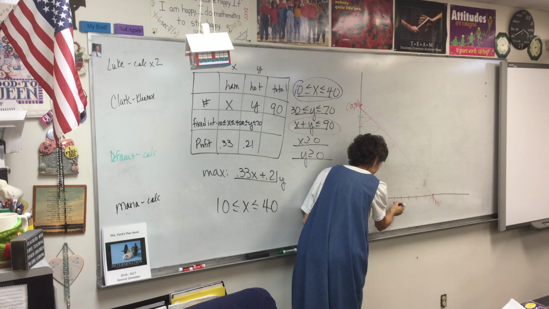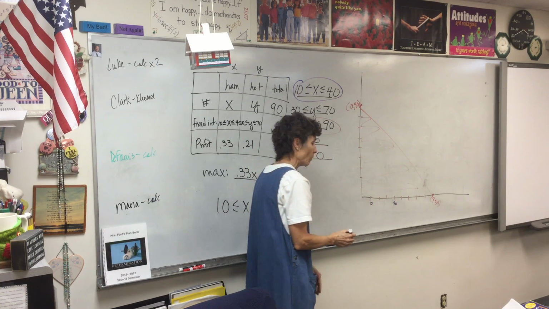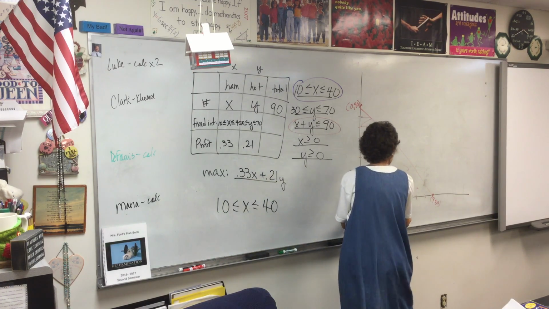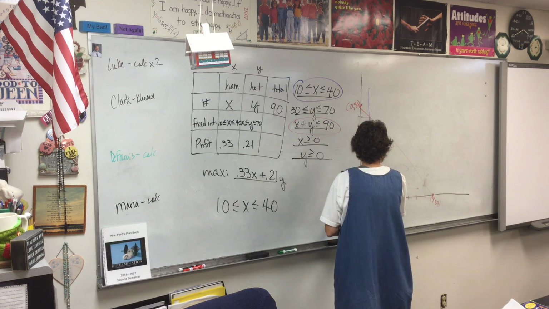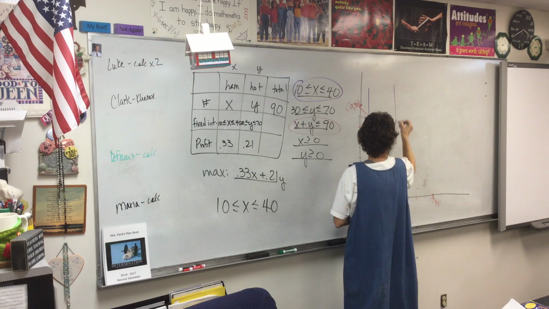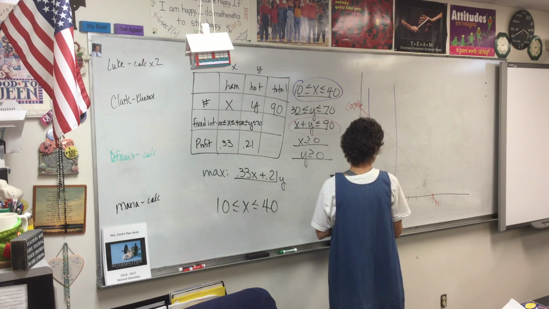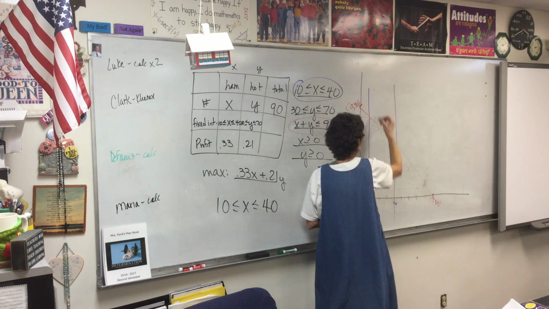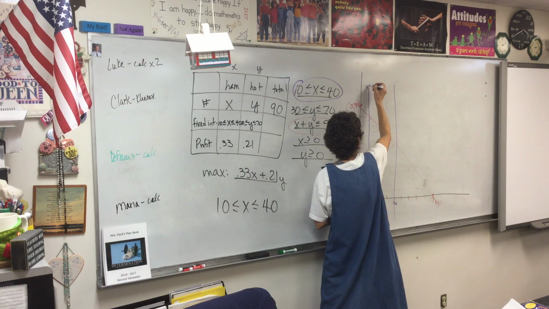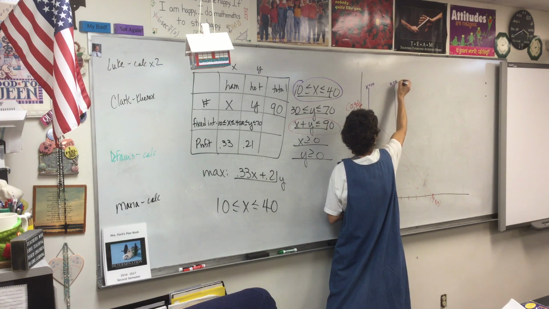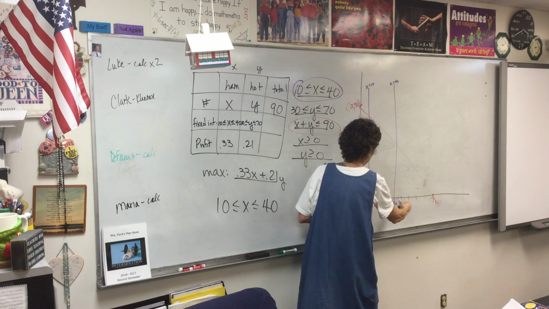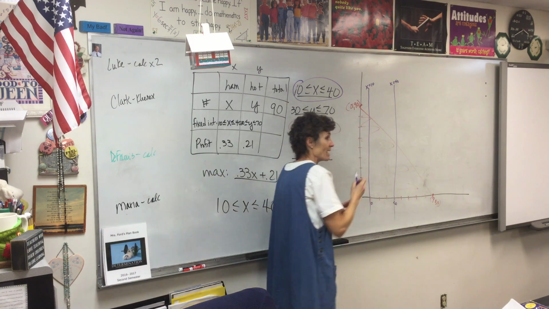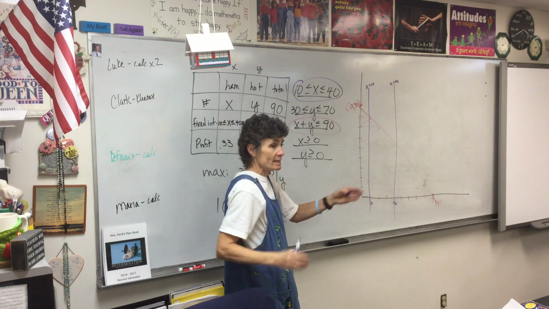And here's where x is 40. Now we're saying x has to be between there. So we're talking about this strip of numbers right here that have x's in between 10 and 40.